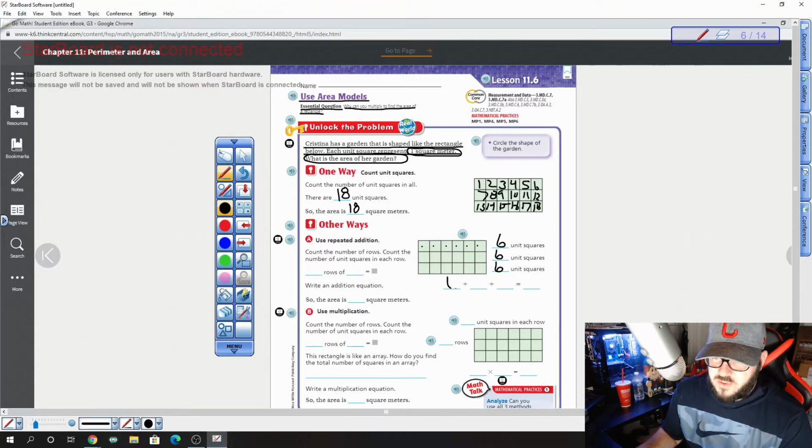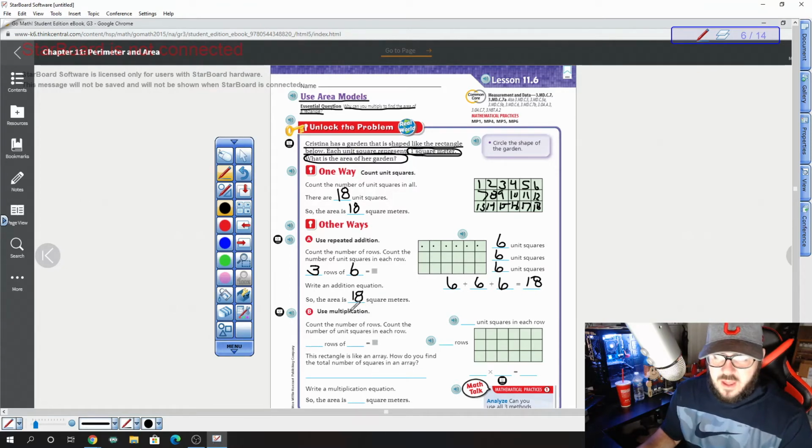So what we're doing is we're adding 6 plus 6 plus 6. Okay? We have 3 rows of 6, and we wrote our addition equation. So adding 6 plus 6 plus 6 together, 6 plus 6 is 12, plus 6 more gives us 18. We have 18 square meters, just like our first answer.